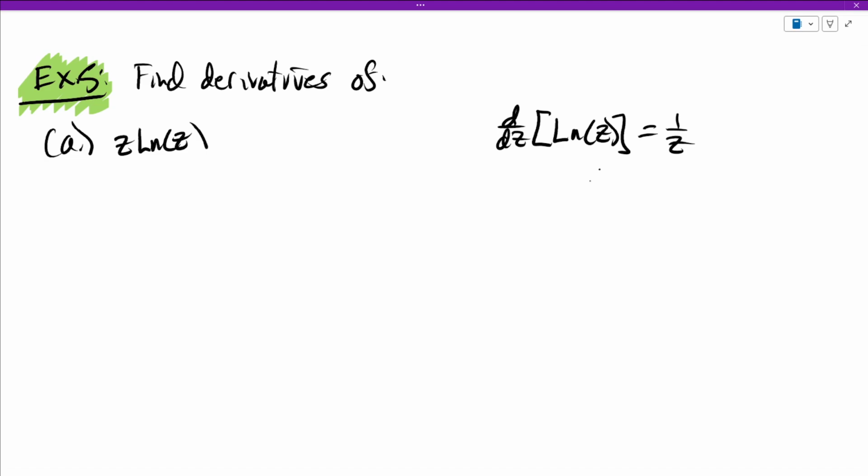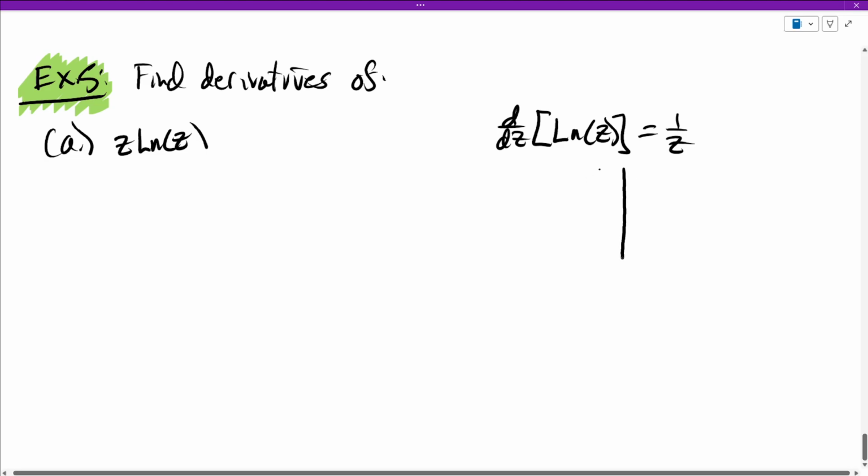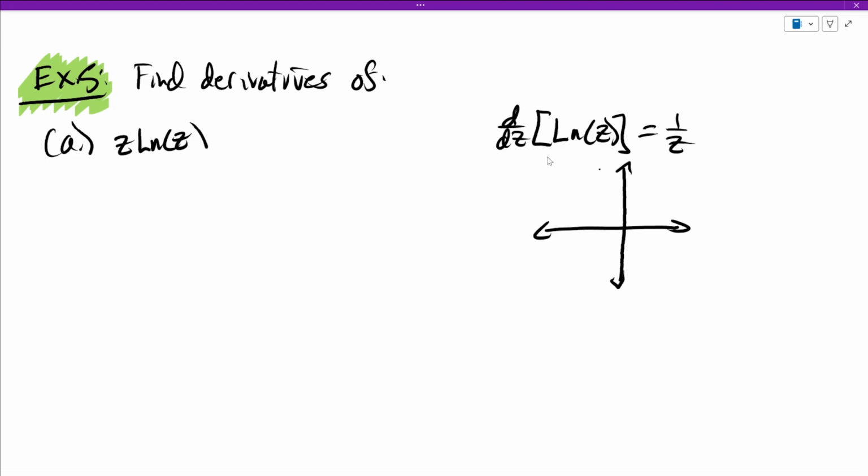So what I mean when I say that is we want to look at not necessarily all z's. We want to get rid of the portion in red. That's where we have a discontinuity in the argument, and so what this does is it ensures that we have a nice open area where we can compute a derivative.